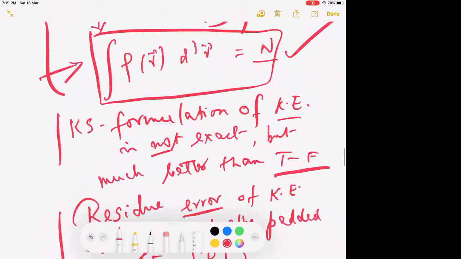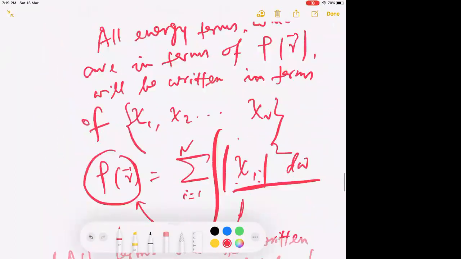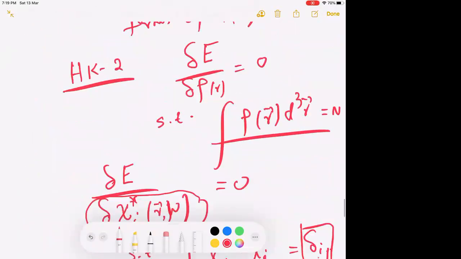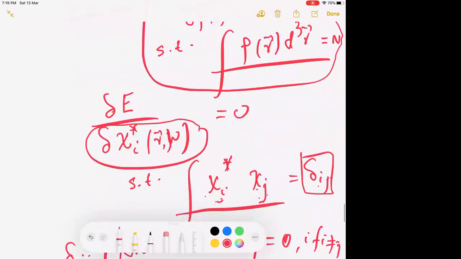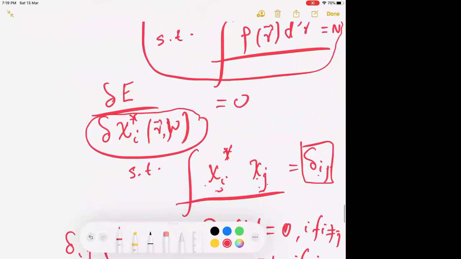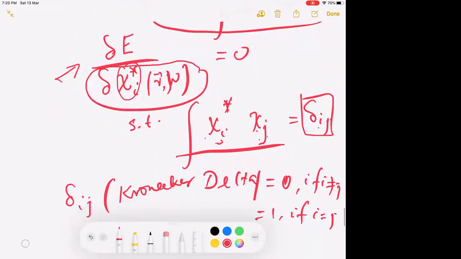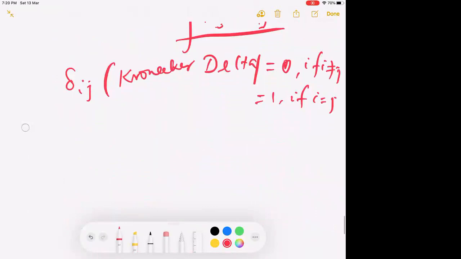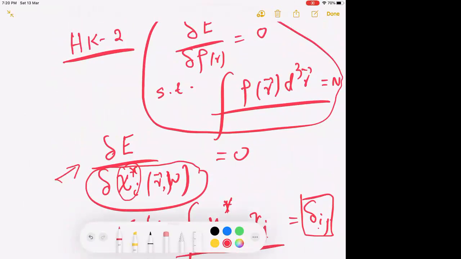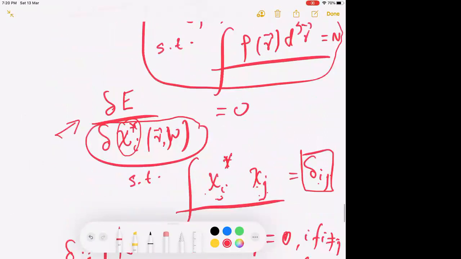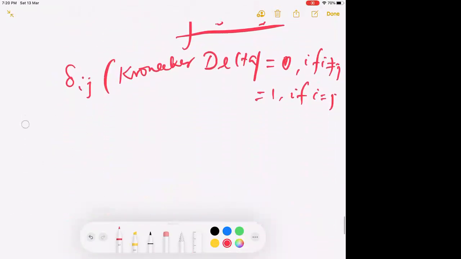So I have a little modification of the second Hohenberg-Kohn theorem, that instead of writing this as my condition, I now say that this energy expression with respect to each spin orbital variation is 0. So this is the first derivative, which is 0, subject to the condition that the spin orbitals are orthonormal. So they are the Kronecker delta. So this becomes a little variation of the Hohenberg-Kohn theorem in the Kohn-Sham formulation.